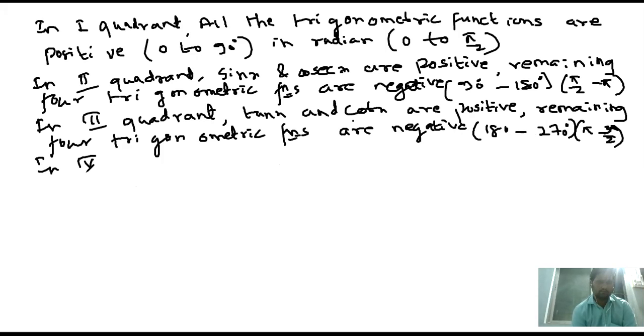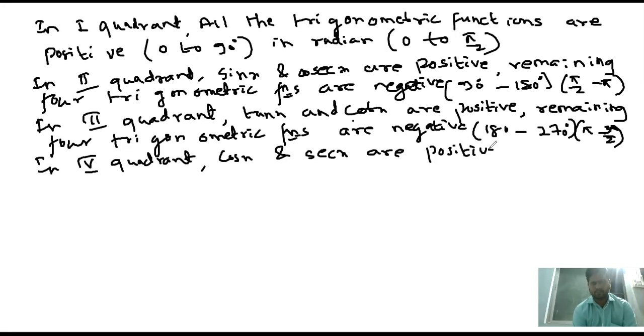In the fourth quadrant, the trigonometric functions cos x and sec x are positive, and the remaining four trigonometric functions are negative.